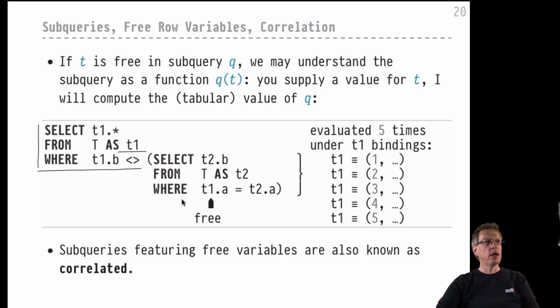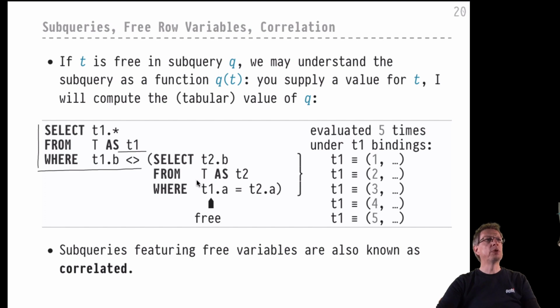Okay. Another view of such a subquery with free variables is that of a function. This subquery with a free variable behaves like a function. You provide a T1 value, a T1 argument, let's say. From that argument, I will perform that query and return a result for you, namely this B value in the single row, single column table that I'm computing for you.